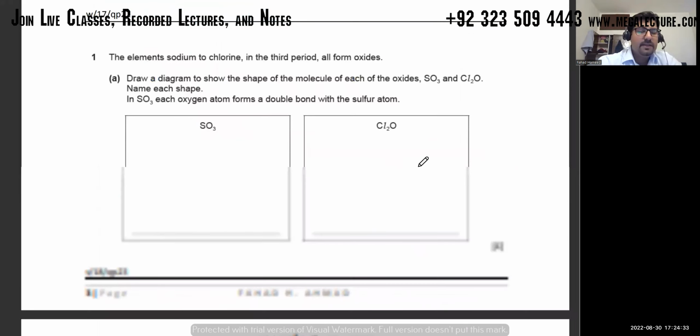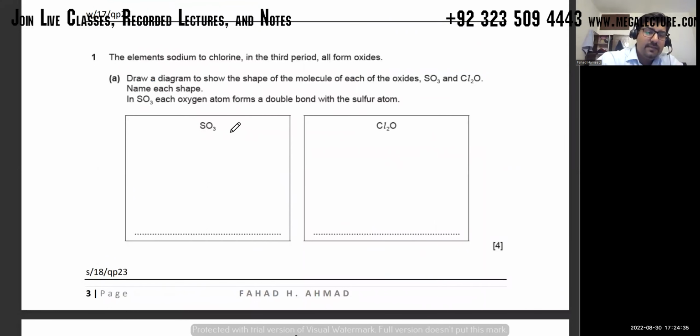The same shapes. SO3 that's trigonal planar because it's got three double bonds with no lone pairs. Sulfur had 6 electrons, all of them got used up.